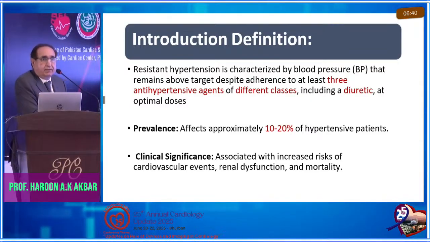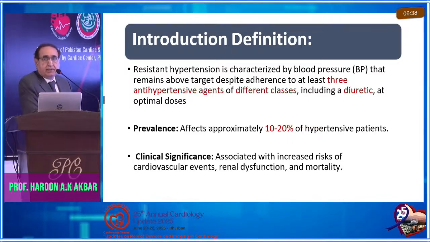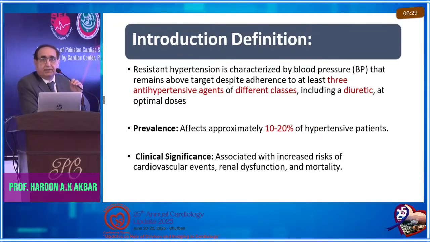There is another heading, refractory hypertension, which is slightly different from resistant hypertension. Refractory is a part of resistant, you can say. In refractory hypertension, we come across patients taking 5 drugs, and it may still not be controlled.